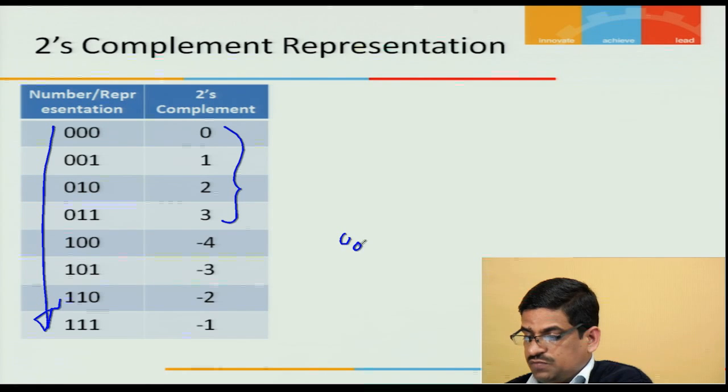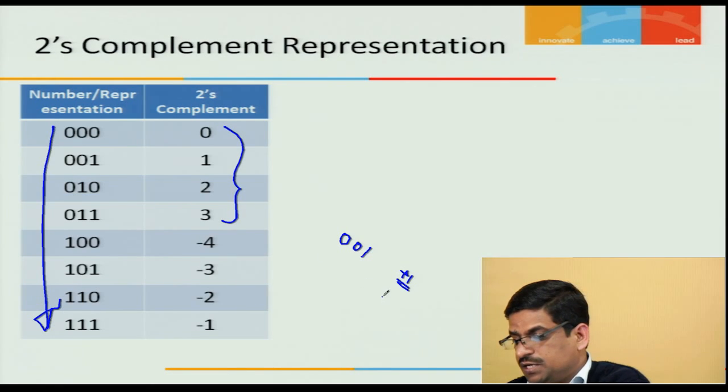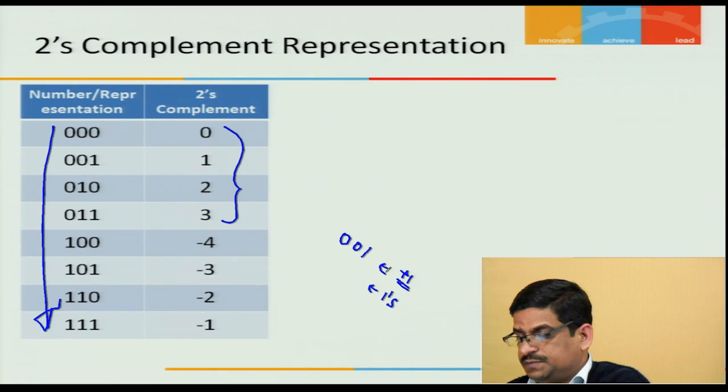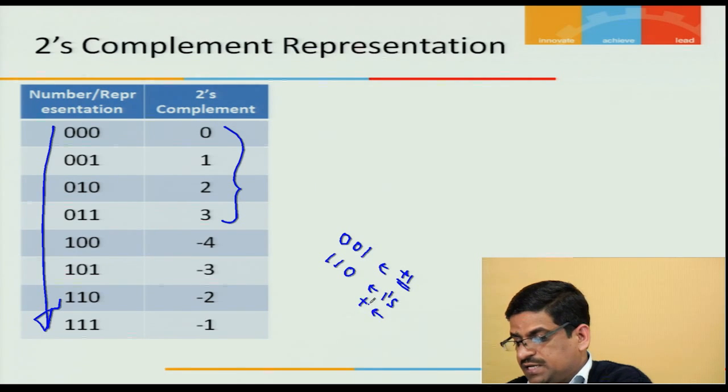So 0 0 1 is your +1. To get -1, what you have to do is take the 1's complement. I am writing the 1's complement here, flipping the bits, and then add 1, which gives you the 2's complement.